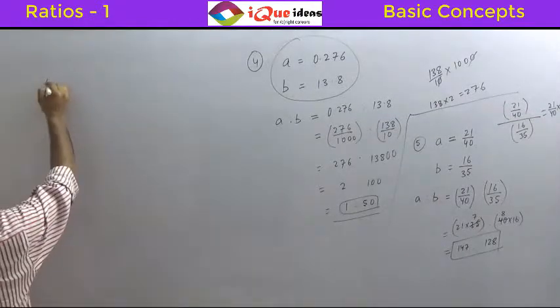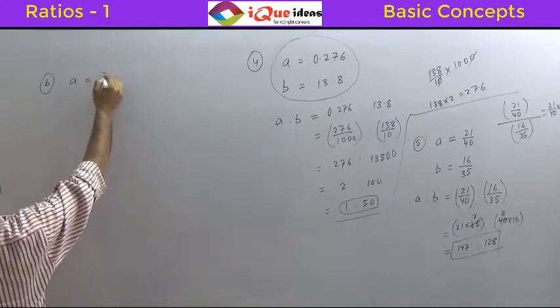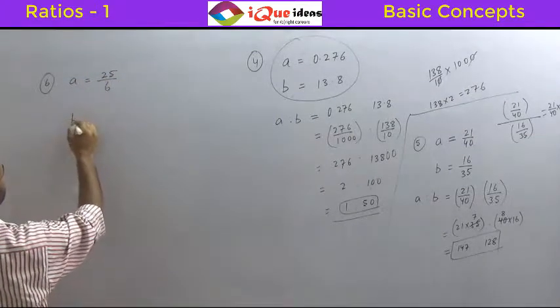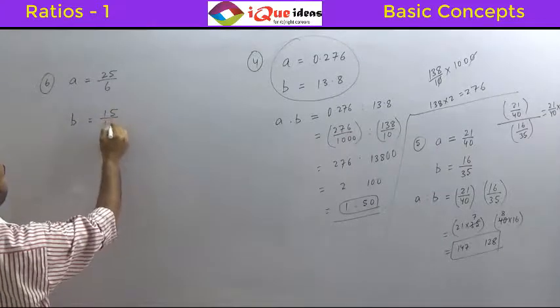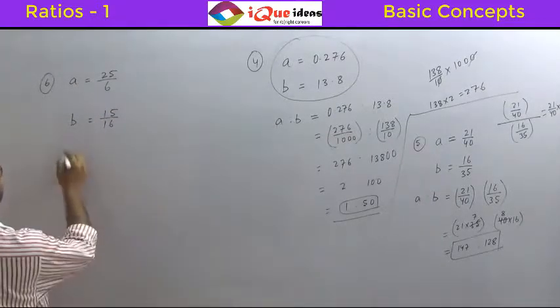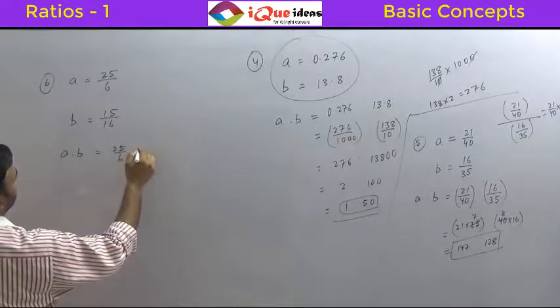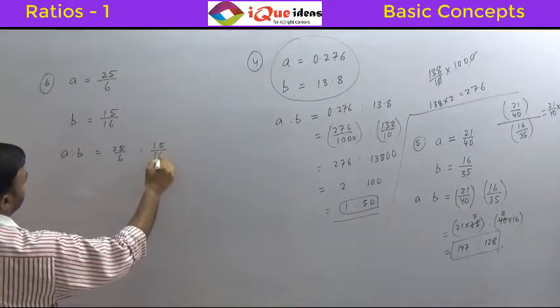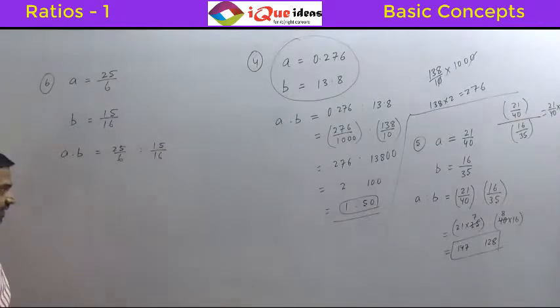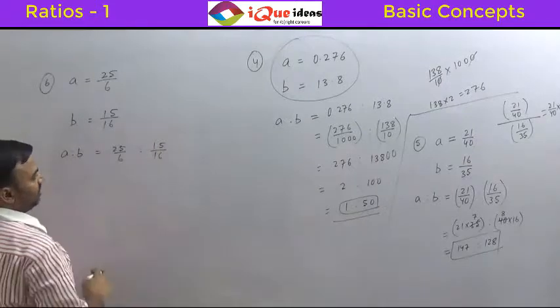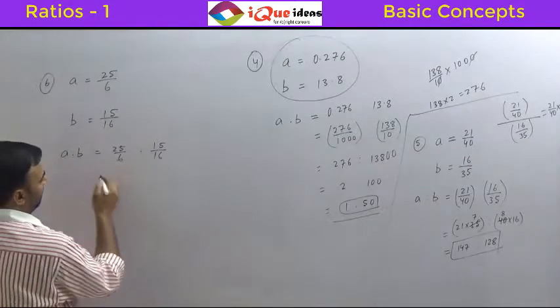Alright, let's take another one. If A is equal to 25 by 6 and B is equal to 15 by 16, what is A is to B? This is 25 by 6 is to 15 by 16. There is another way to look at it. One way, as we did there, you take 16 here and 6 here, or you can directly cancel out, whichever way you feel comfortable.